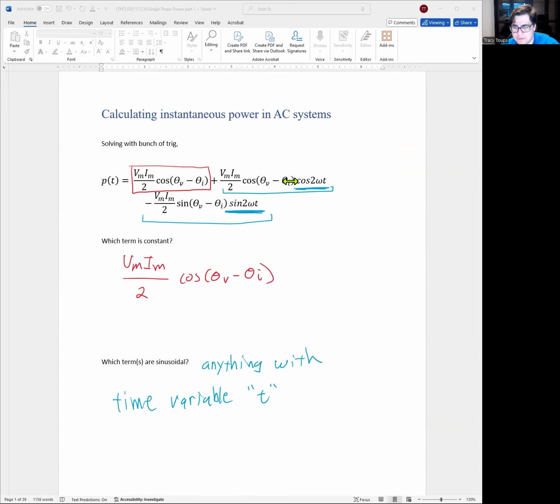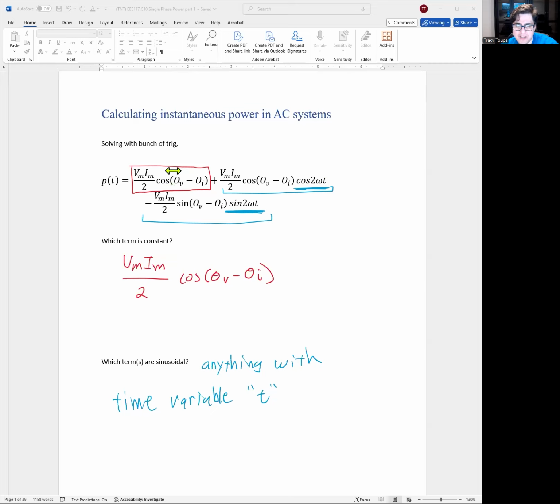Everything else is very important to note. There's a cosine 2 omega t here and a sine 2 omega t here. These two terms in blue are still cosine and sine functions, still oscillating up and down. The first one, even though there's a cosine there, does not have a t involved.